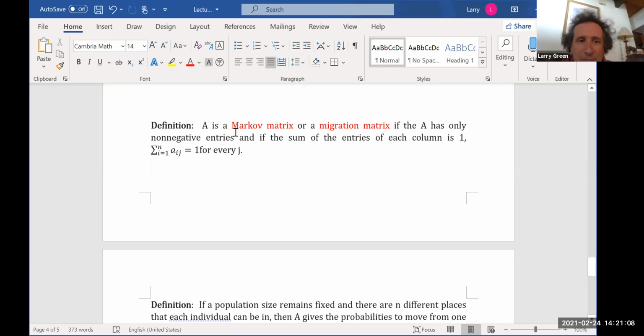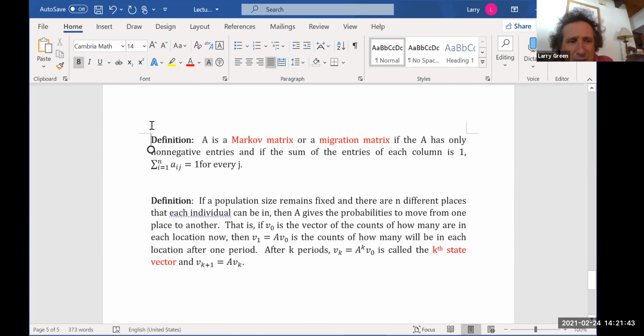A is called a Markov matrix, also called a migration matrix, if A has only non-negative entries, and if the sum of the entries of each column is 1. So that means the summation i equals 1 to n of a_ij equals 1 for every j. If that's what we have for every column, then we call it a Markov matrix or a migration matrix.